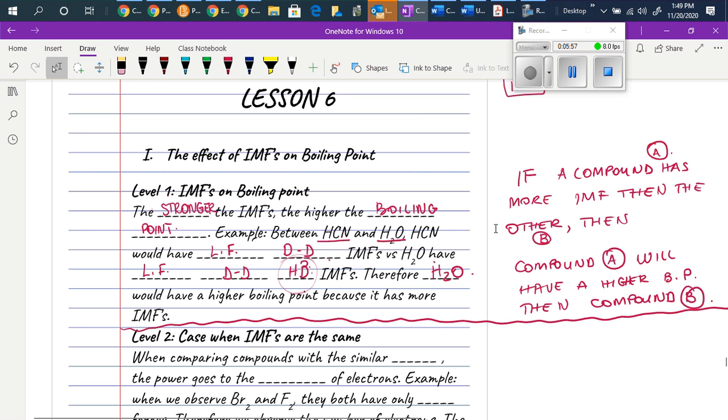Theoretically, HCN has a boiling point of about 25.6 degrees Celsius versus water, which has a boiling point of 100 degrees Celsius. This supports what we said: more intermolecular forces, higher boiling point.